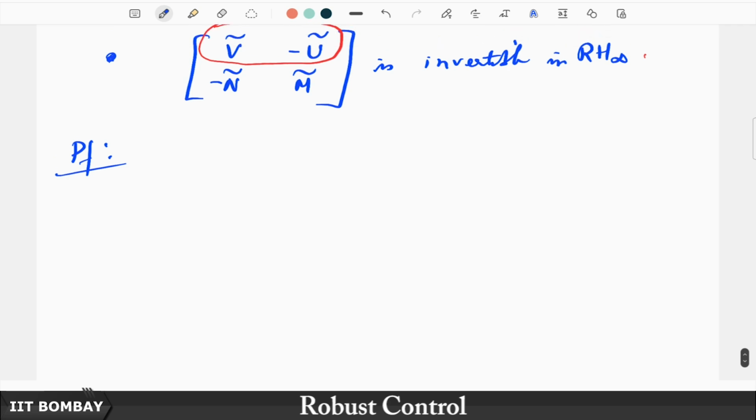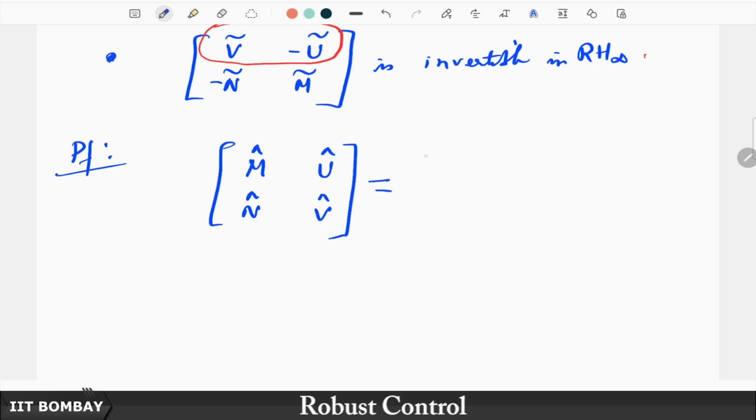Consider that we have M hat, U hat, N hat and V hat.